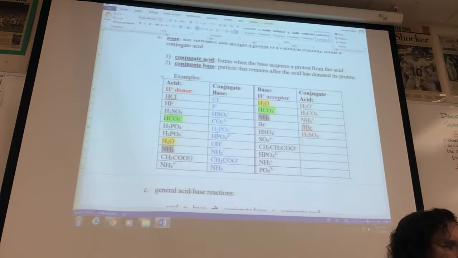Sulfate ion becomes HSO4 minus. All right. Give a shot on the rest of them. Take about a minute. Let's go. You can do it.